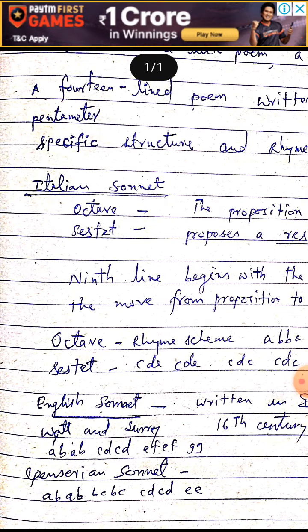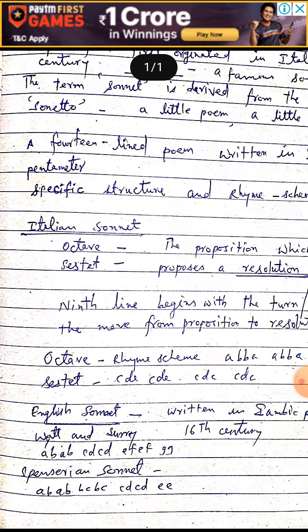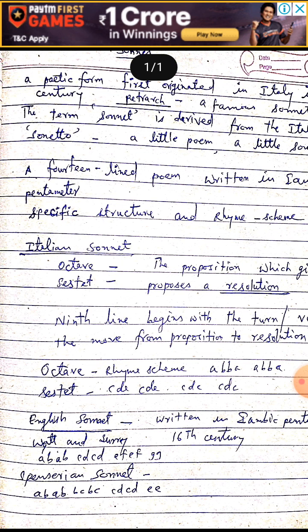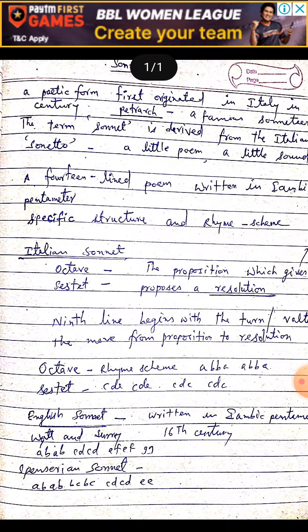There is the difference between Italian sonnet and English sonnet. However, there are 14 lines in both, but the difference is in rhyme scheme and the structure of the poem.